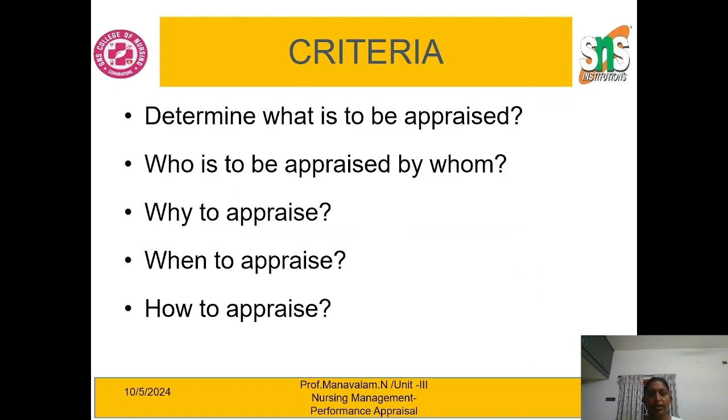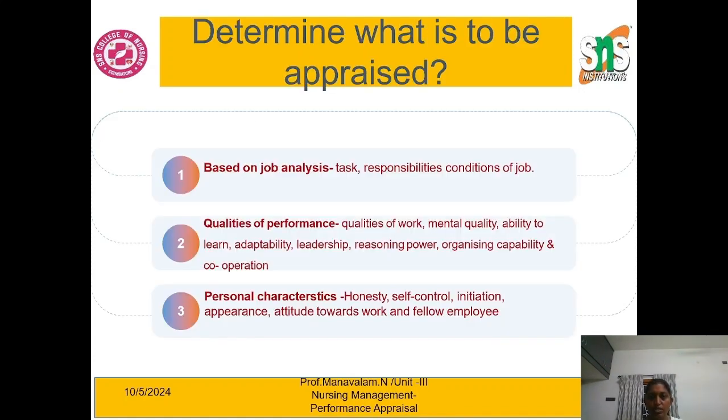Next, move on to the criteria. Here we have to determine what is to be appraised, who is to be appraised by whom, why to appraise, when to appraise, how to appraise. First one is determine what is to be appraised. Based upon the job analysis, we have to appraise the task and responsibility conditions of the job.